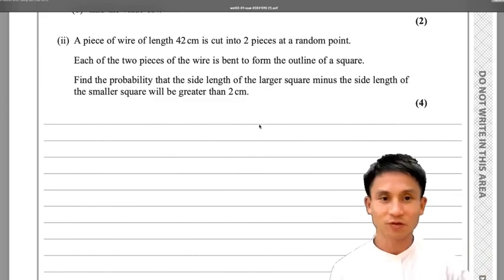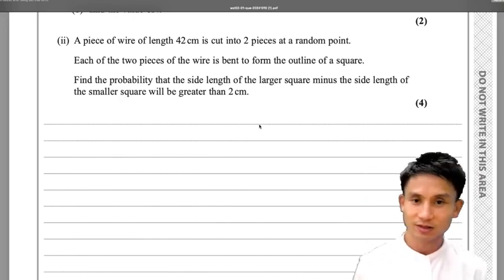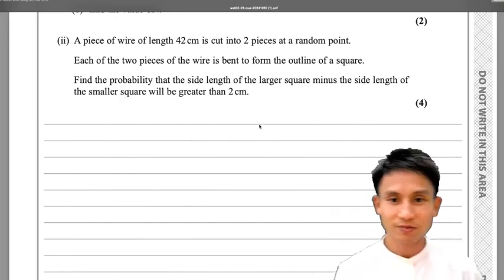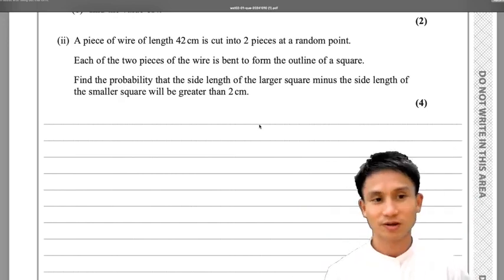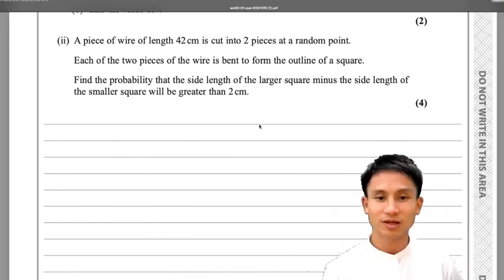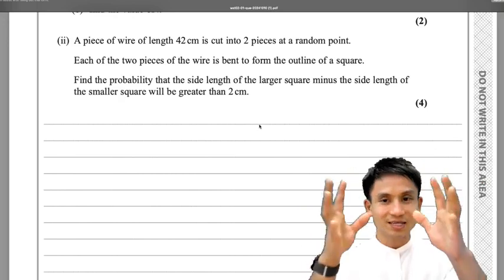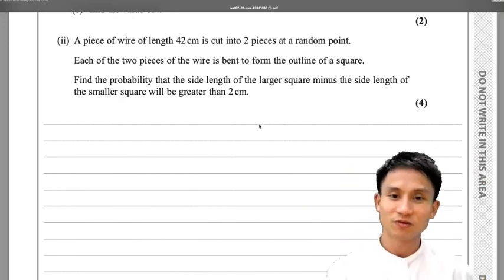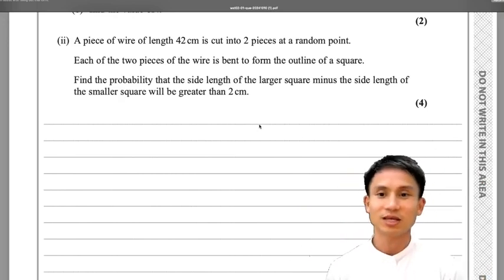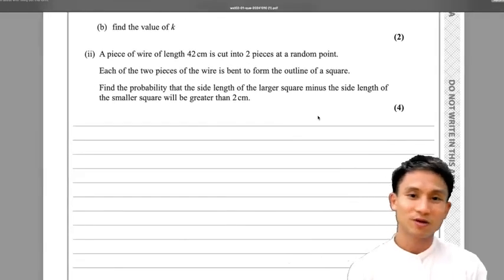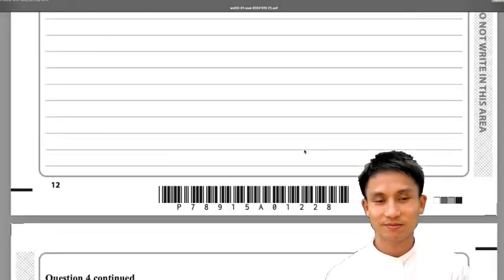And then so on and so forth, right? After then you derive the math there, you get the probability of the larger side minus smaller side being greater than 2. So, but you got to get the setup right for the uniform distribution here. That's the very key here. Because I think this is where people might lose marks, right?